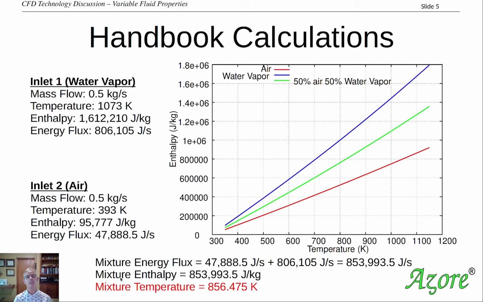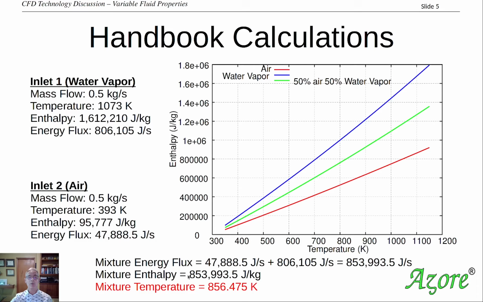This represents the enthalpy of the mixture, here 50% water vapor and 50% air. We can use that mixture enthalpy to speculate what the temperature should be from an energy balance standpoint. In this case, the energy level and the mixture enthalpy happen to be the same number, since our total mass flow rate is 1 kilogram per second.